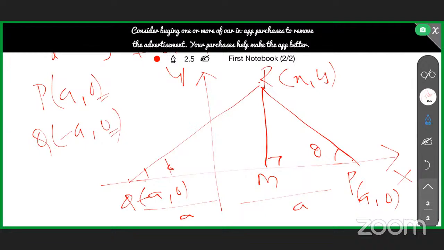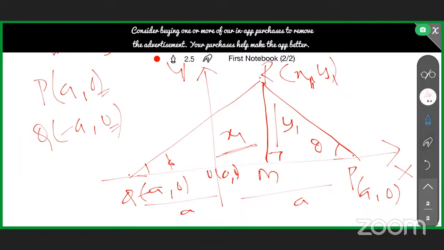If point R is (x1, y1), this distance is x1, and this distance is y1. Is the diagram understood now? And there is one more point here, O (0, 0).